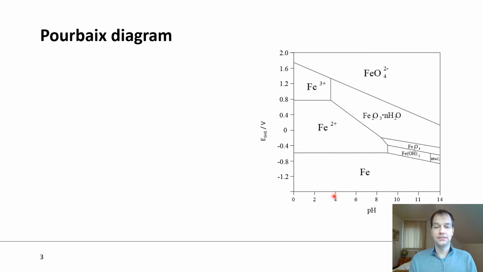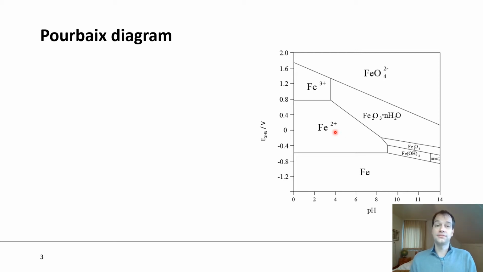This means that if, for example, you're at pH 4 and an electrode potential of minus 2 volts versus standard hydrogen electrode, the stable thermodynamic form of your iron is the metallic form. But if you increase the potential, for example, to 0 volts, the stable form is iron 2.